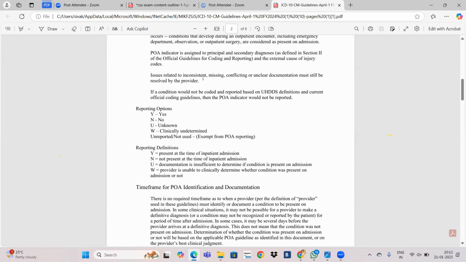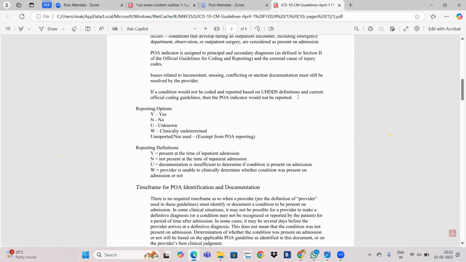If a condition is not coded, then there is no need to assign POA also. Which means while you are assigning an ICD code, only for that you need to assign the POA indicator.